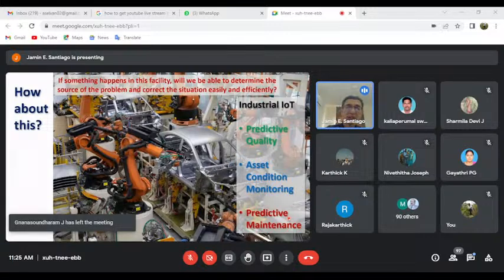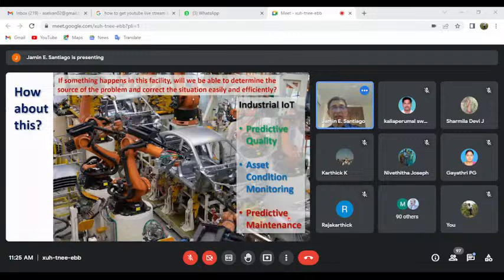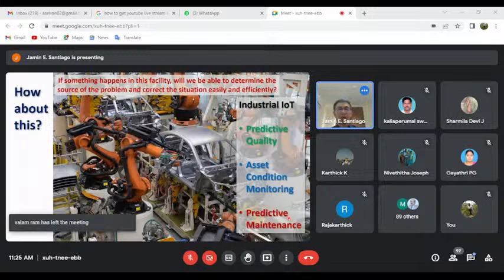We can see here that if something breaks down in this assembly line, one robot breaks down, it has the potential to halt all the other robots in this assembly line. So before that happens, we want to know if this robot needs maintenance, needs repair, needs to be taken out of the assembly line.